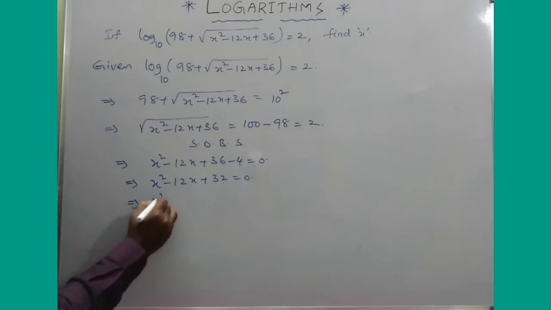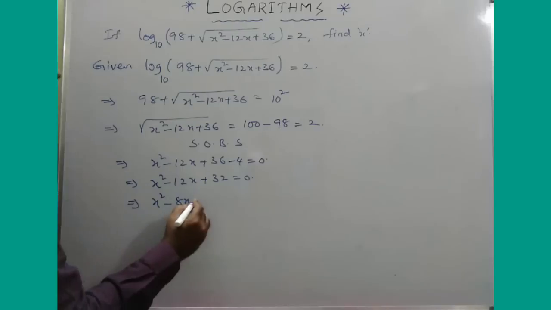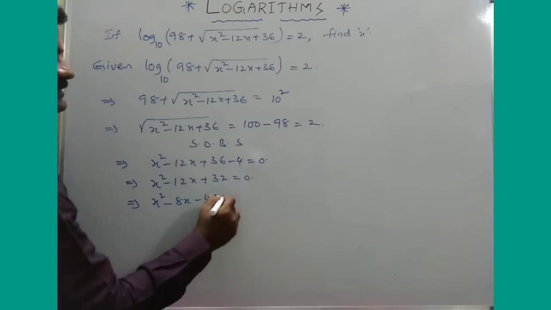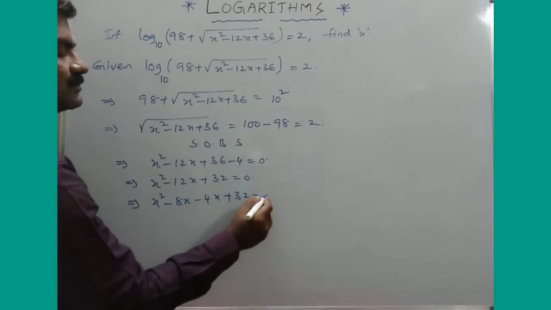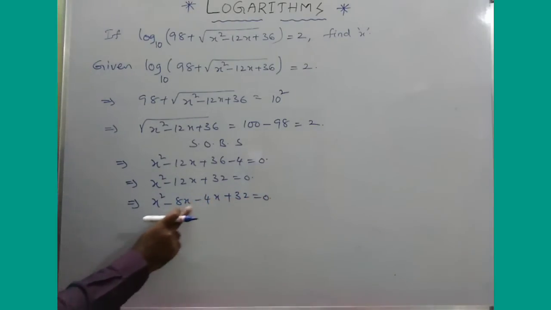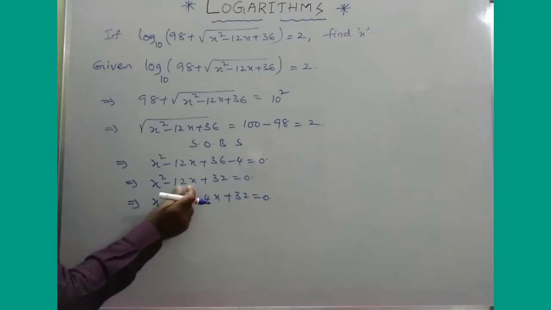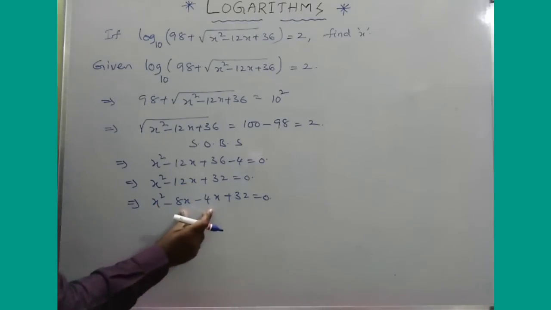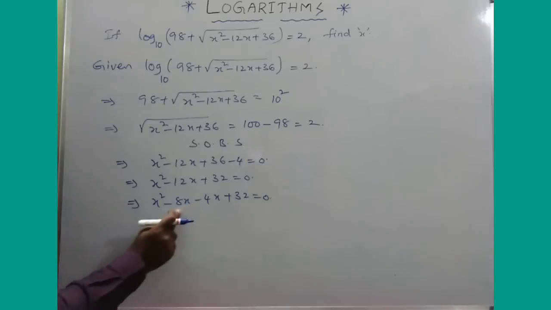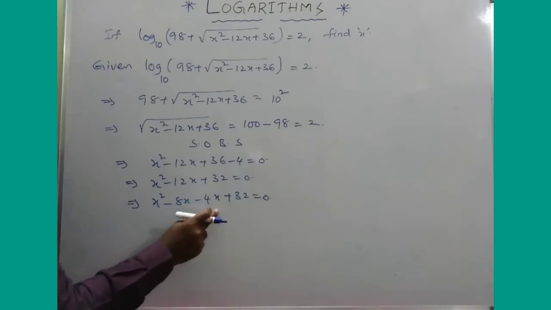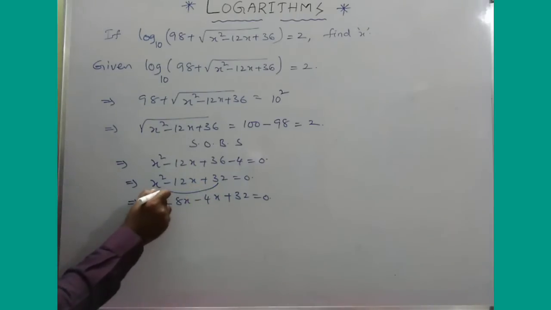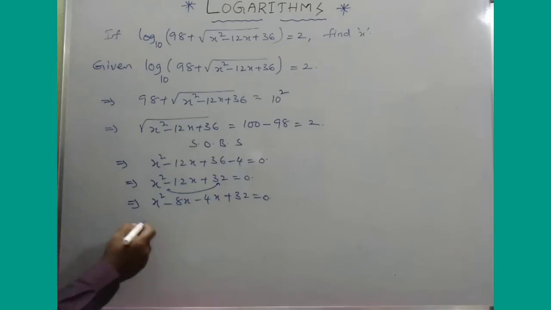So how can we split this? Minus 8x minus 4x plus 32 is equal to 0. If you add minus 8x and minus 4x, you get the middle term, minus 12x. And if you multiply these two, minus into minus is plus, 8 into 4 is 32, x into x is x square, which is the product of first and last.